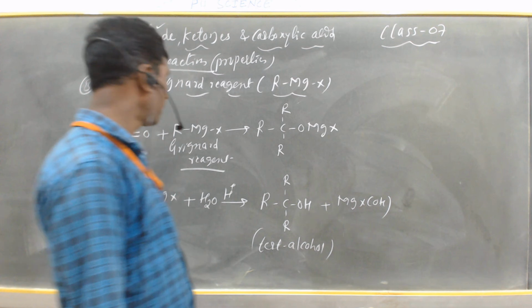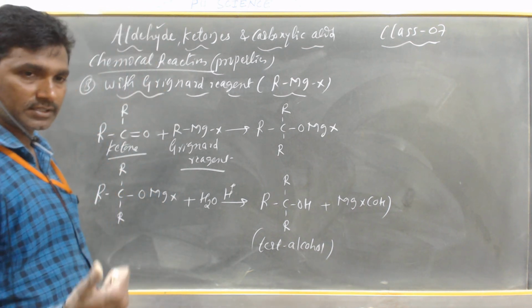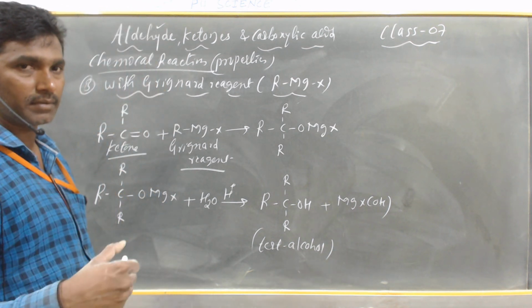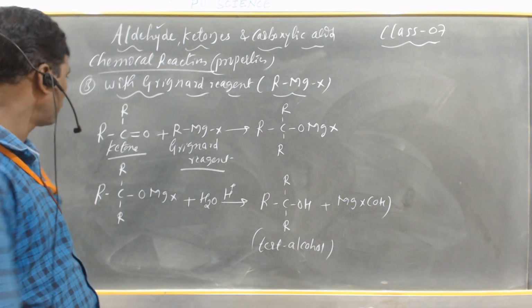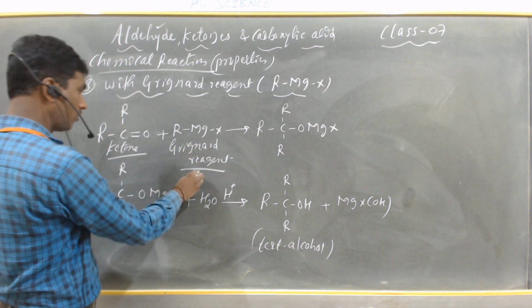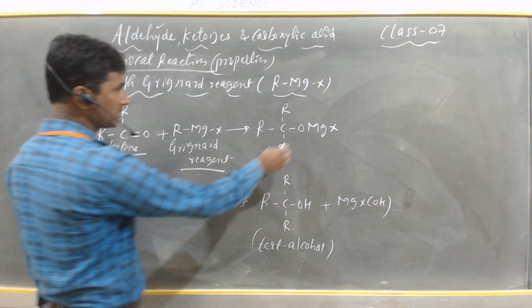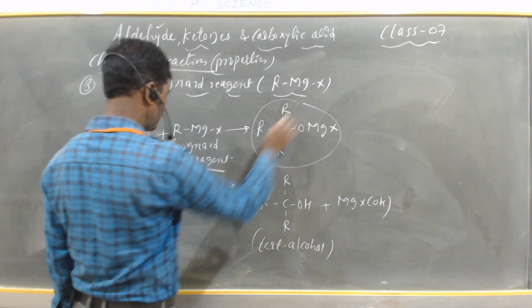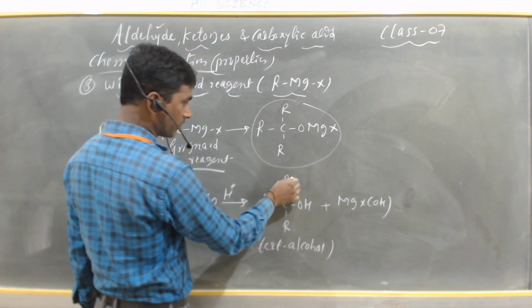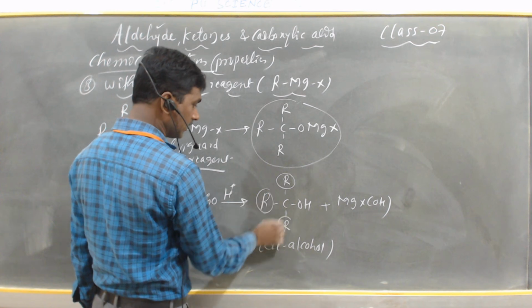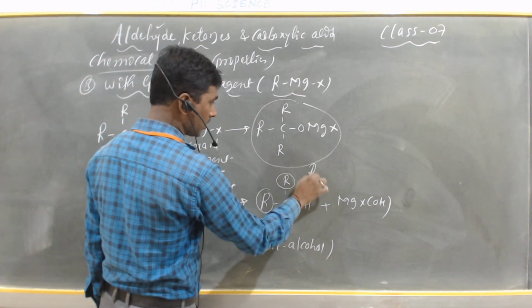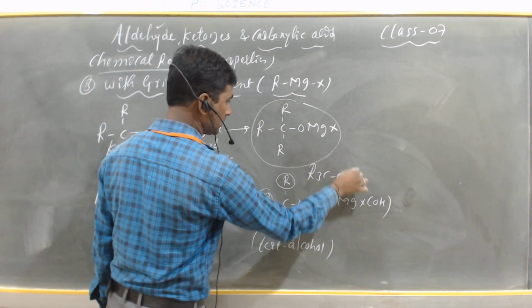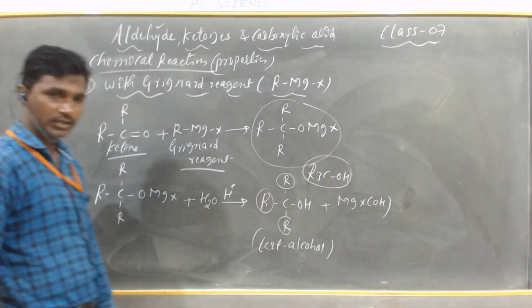First, with HCN it gives cyanohydrin. With sodium bisulfite it gives a bisulfite compound. When the ketone reacts with Grignard reagent, it gives an addition compound, which on hydrolysis gives R3COH, as there are three R groups. R3COH is nothing but a tertiary alcohol.